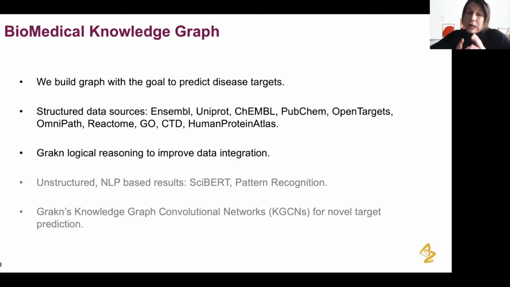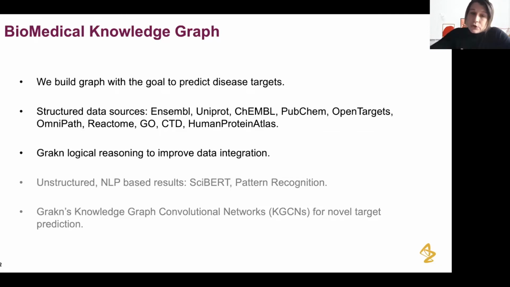It's slightly easier than unstructured, let's put it like that. When we are talking about unstructured data sources, at least in my group, we mean NLP-based results, so natural language processing. And again, the panel mentioned it already. It's a difficult story because NLP results are absolutely needed, especially if you want to predict novel targets, but it's very noisy data.